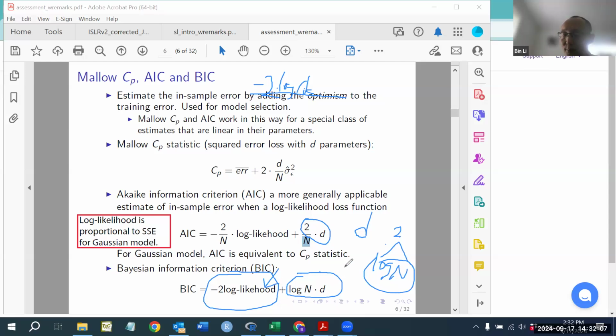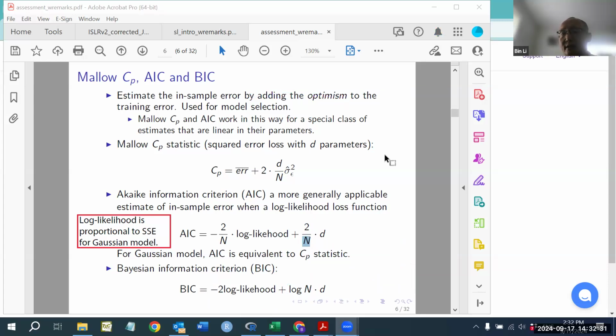But we have a small penalty because the model is simple, with fewer variables. So it's a trade-off. The optimal model, which makes the AIC or BIC or other information criteria smaller, is a trade-off between the goodness of fit and the penalty on the model complexity. And that's the underlying idea for the information criteria.